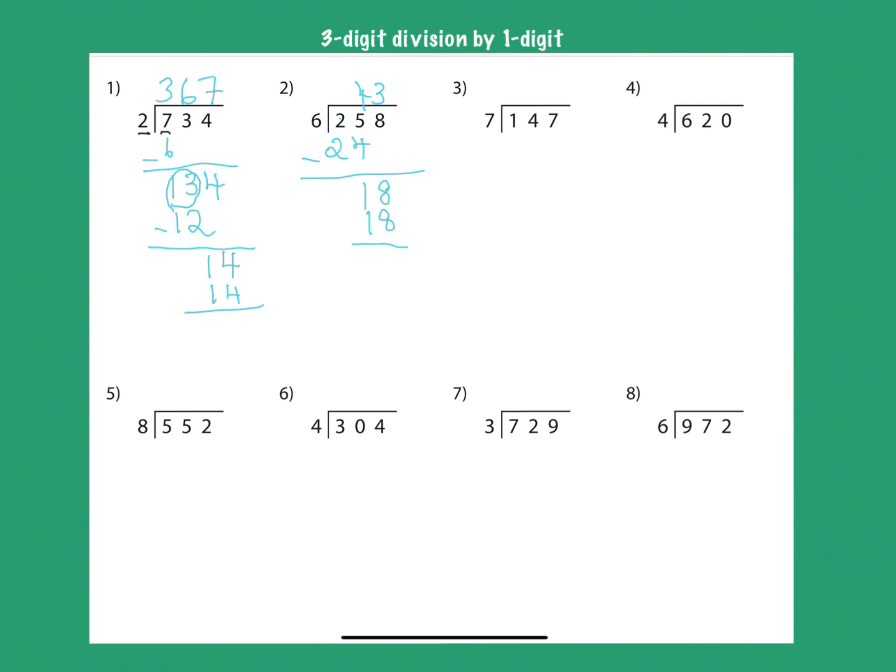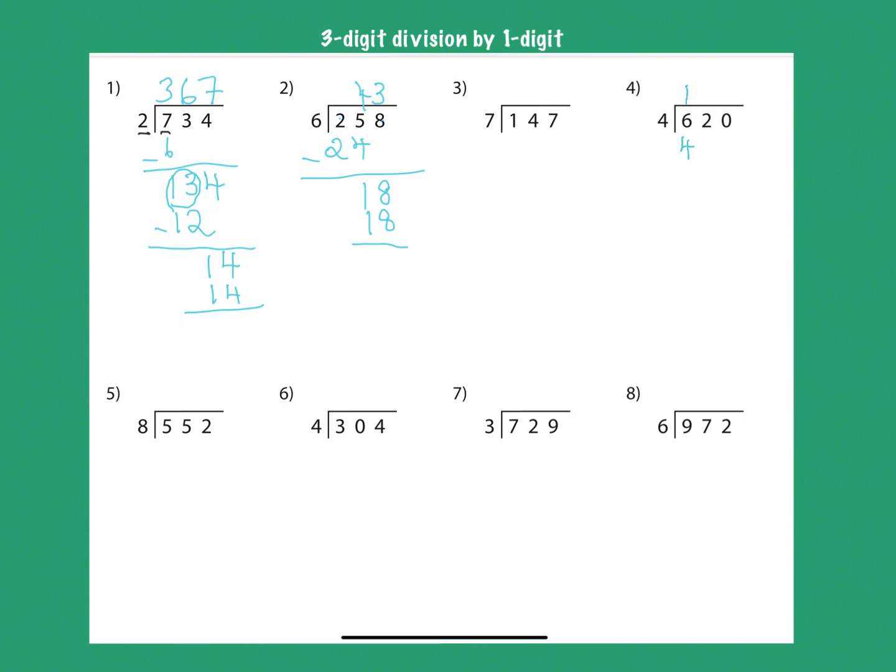All right, now let's do a few and not each one of them. I'm going to try and do number 4 over here. So 6, does 4 fit inside a 6? Oh yes, it does, because 4 times 1 gives me a 4, so it fits inside.